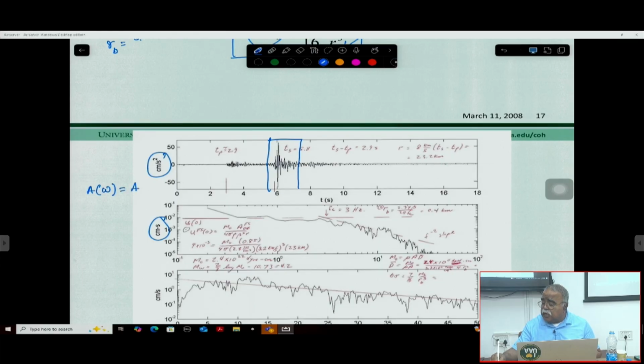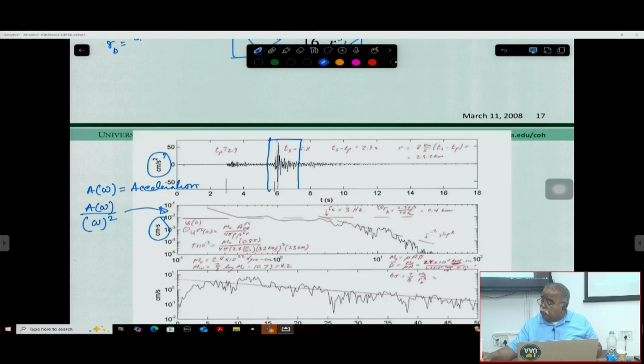So this is your acceleration spectra, and then we have calculated the A omega. We have divided it by omega square. So we divide by omega square, then it will be a displacement spectrum, right? So if I divide it with omega, then say this thing.